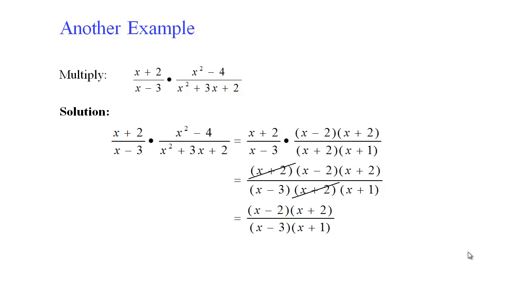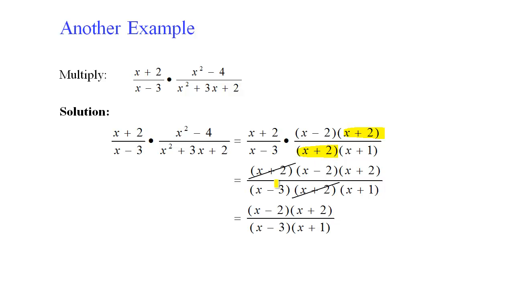Another example, very simple, right? Because we're dealing with multiplication, we can factor it as if it was one big piece. Factor the right, the left is already factored for us. We find things that they have in common. We've got this x plus 2 here and the x plus 2 there.